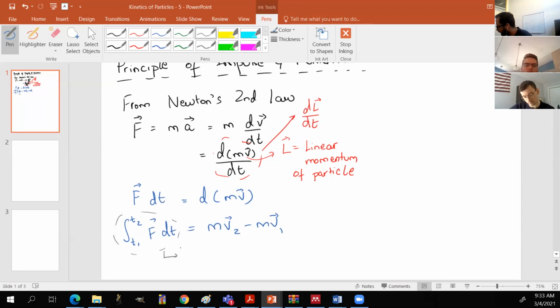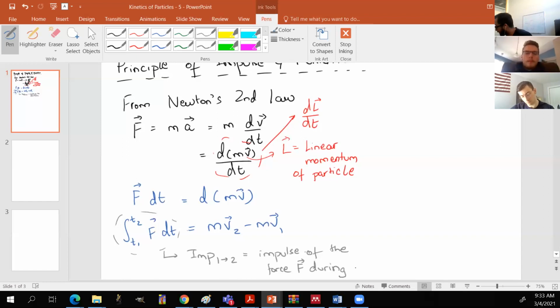So this is referred to as the impulse, denoted as IMP, as you're changing the conditions from time 1 to time 2, right? And that is defined as the impulse of the force F during the time interval from t1 to t2.